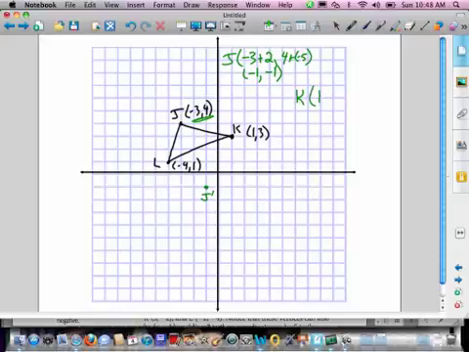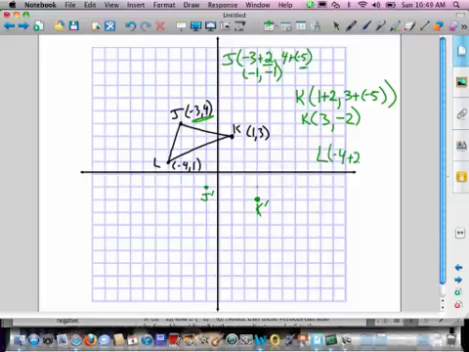We can do the same thing for K. K is 1, 3. So we're going to add 2 and 3 plus a -5. So notice that's exactly the same as what we did there. We'll always do the same for every point. And so for K, we're going to get 3, -2. So I would go 1, 2, 3, down -1, -2. So there's my K prime. And then for my third point, I've got L, and L is -4, 1.